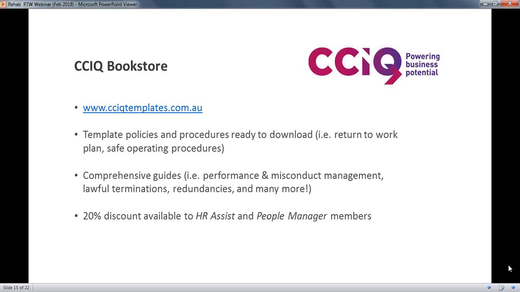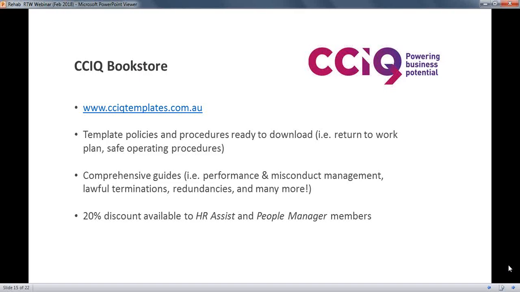In terms of what we've been speaking about today, there's a template rehabilitation and return to work policy. I know there is a good, easy to use return to work plan template as well. And of course that could be used whether it's a work-related injury or not.